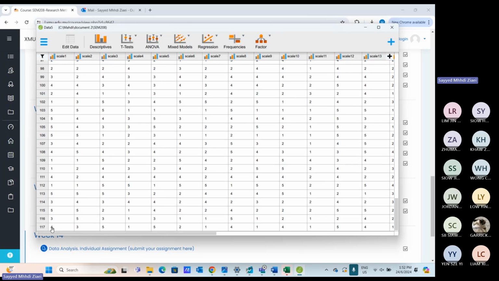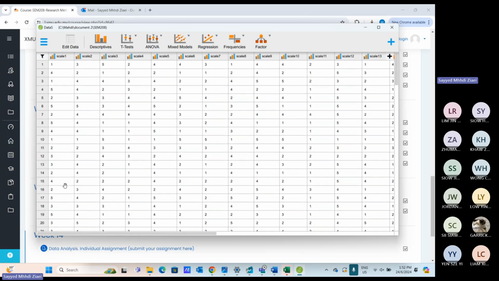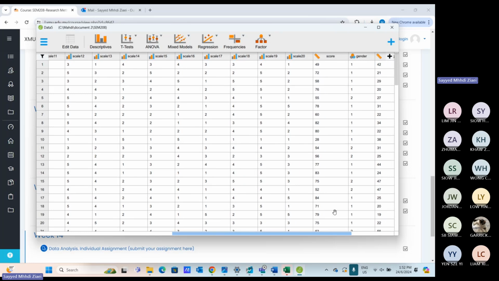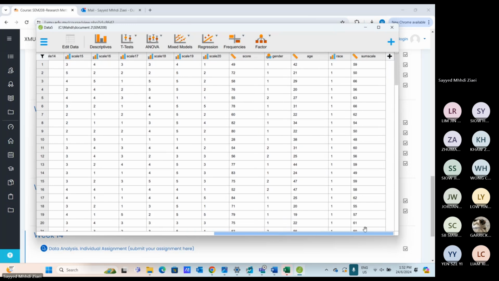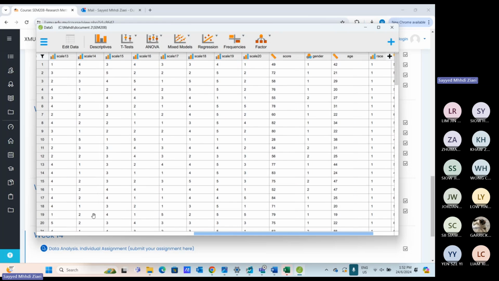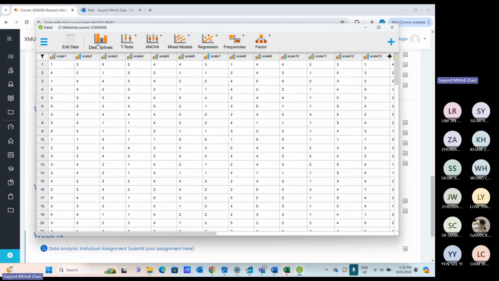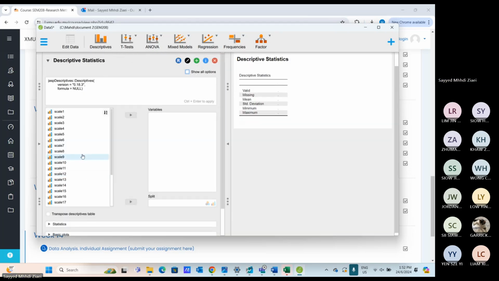We have 117 respondents, and we have a 20 scale. It means roughly we should have 20 questions in this questionnaire because we have 20 scale. And then the dependent variable is sum scale here. Again, descriptive statistic.